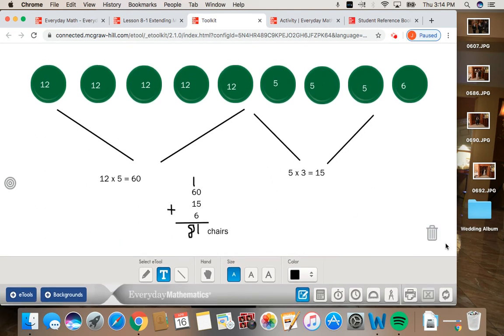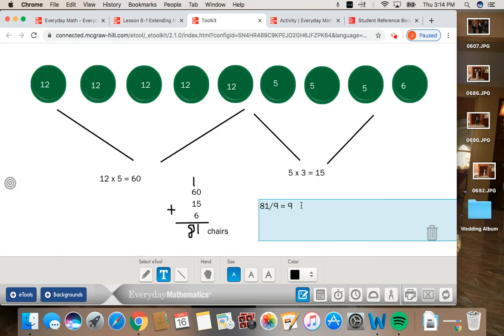So now, how do I divide my 81 chairs between 9 tables so that every table has the same amount of chairs? Well, that would be 81 divided by 9, which equals 9. 9 times 9 equals 81.